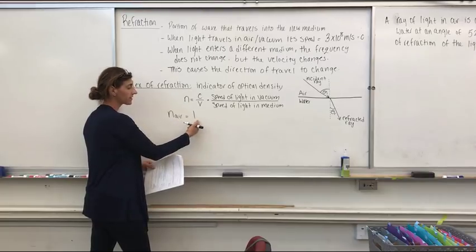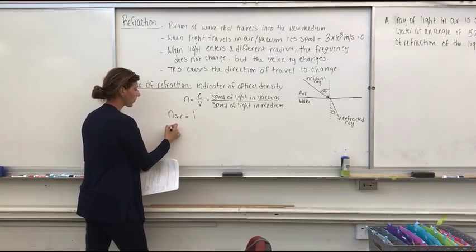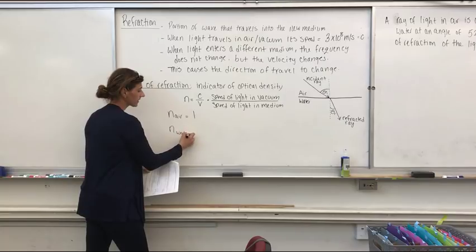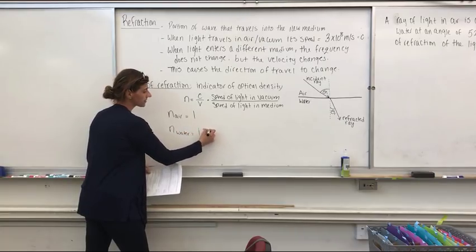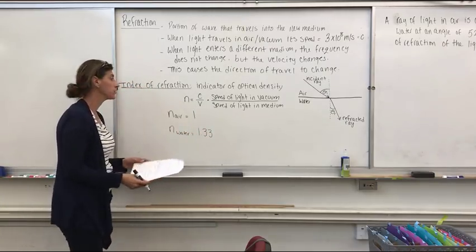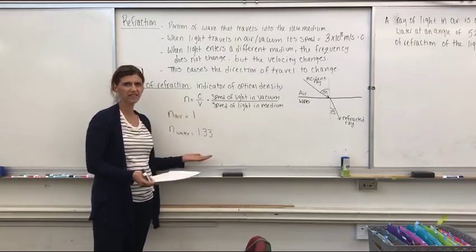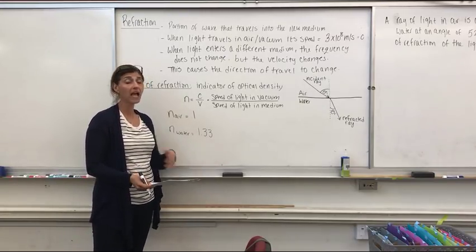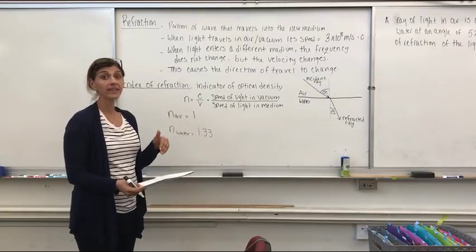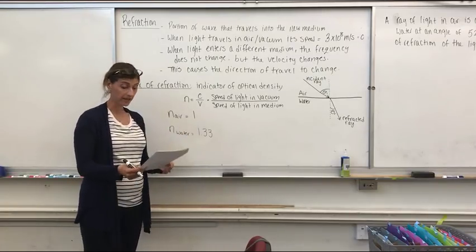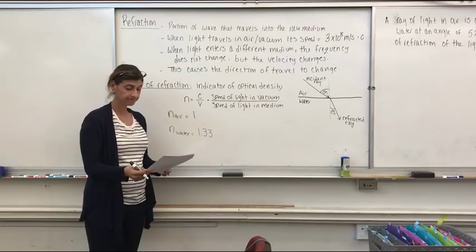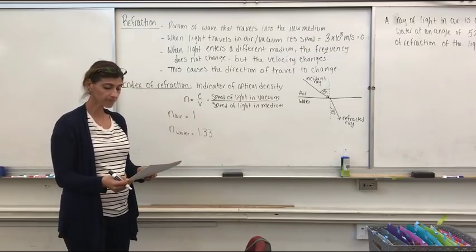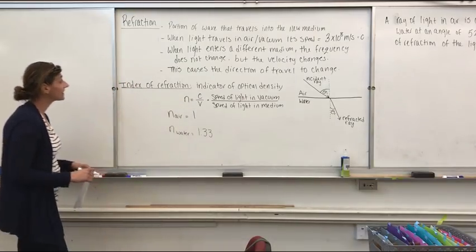So the n for air is 1, and the n for water is 1.33. So those two numbers we will assume that you know, and sometimes you'll be given them and sometimes you won't be given these. Any other material, you'll be given the index of refraction for those materials. All right, so that is refraction.